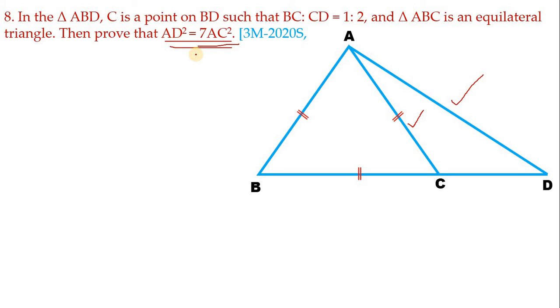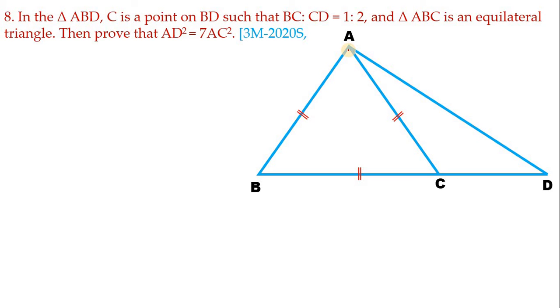Areas of similar triangles means sides will be in ratio form, but here sides are not in ratio form. Hence, you have to solve this problem on the Pythagoras theorem itself.